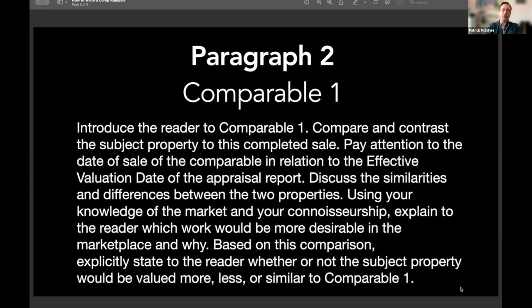You're using your knowledge of the market, your connoisseurship, and explaining to the reader which one is better, which one is more desirable. In other words, you have the sale amount of comparable one, and based on that information, which one is better, the comparable or the subject property? Which one would be worth more? So you're beginning to triangulate in on the value that you're going to conclude.